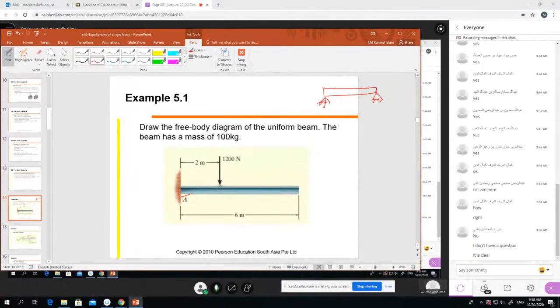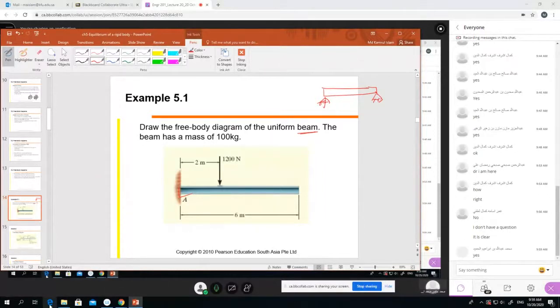Did you hear this word beam before? Tell me please. Yes. Okay. So that means you know it. Now we will do one example of a beam.